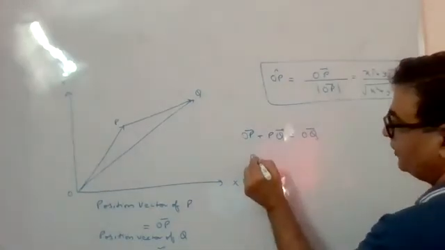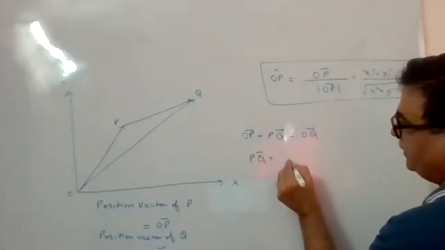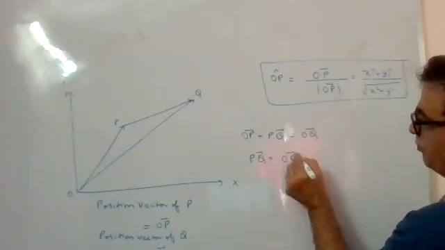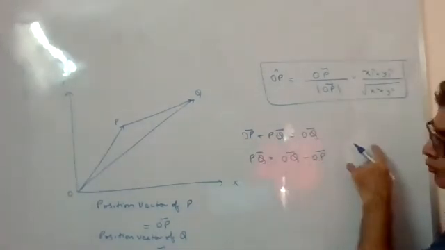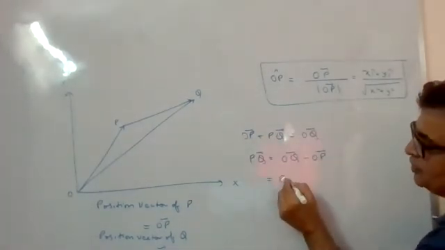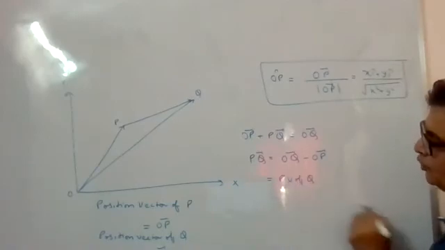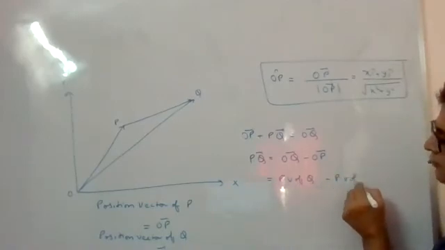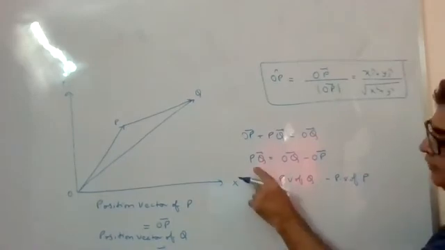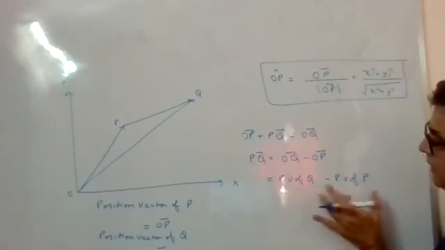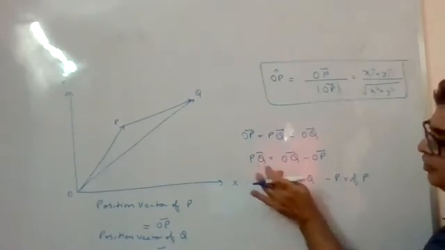So from this I got it, PQ vector is OQ minus OP. OQ will be what? Position vector of Q minus position vector of P. That is your PQ vector.